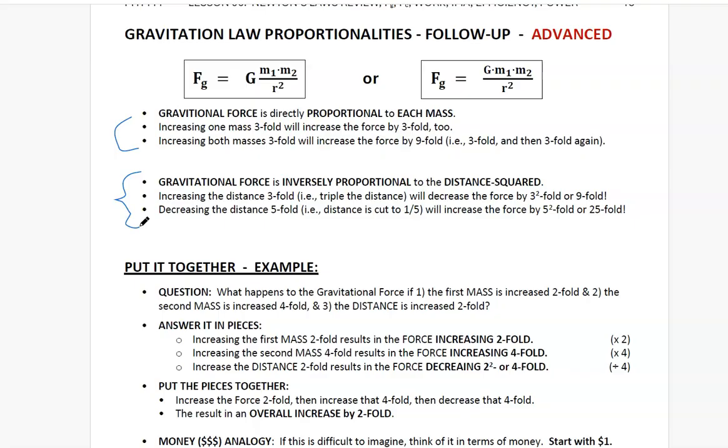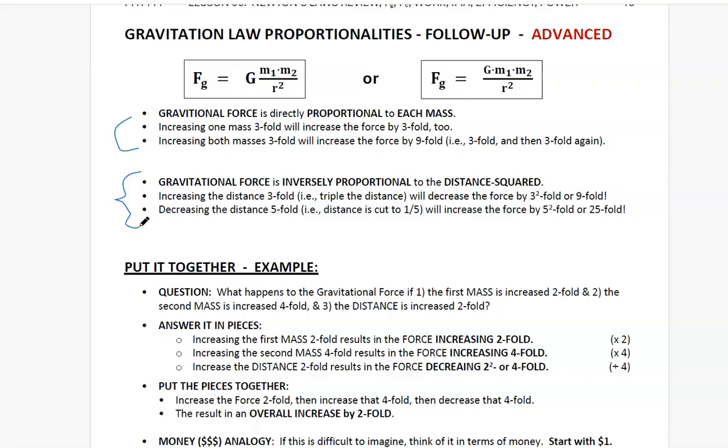For example, increasing the distance threefold, you triple the distance, you make them much further apart. That will result in not a threefold decrease in force, but a 3 squared fold decrease in force, or ninefold. 3 times 3 is 9. Decreasing the distance, in other words, moving them much closer.